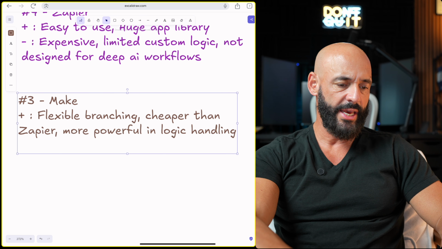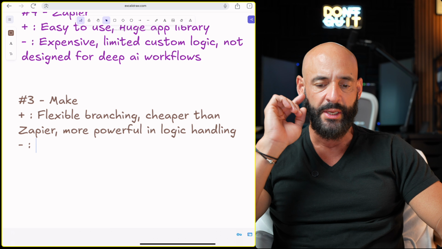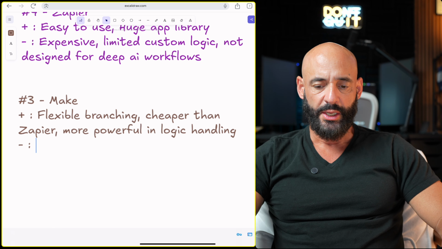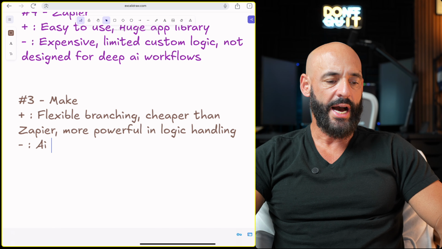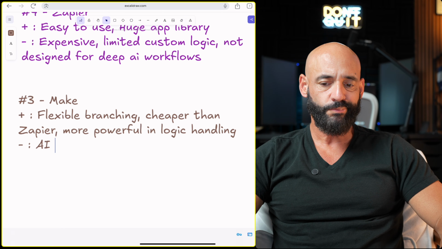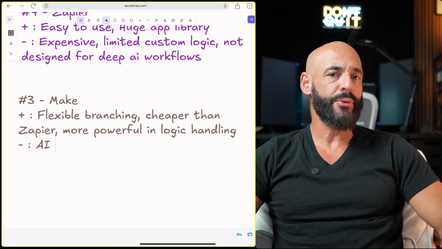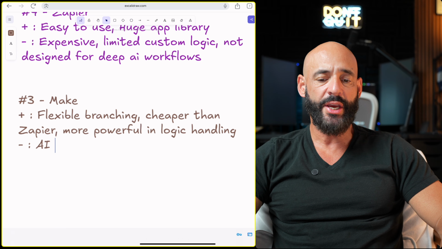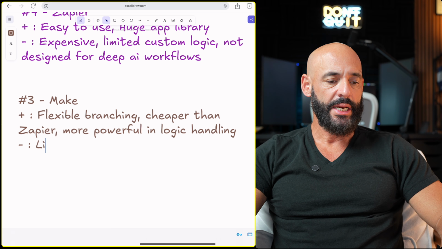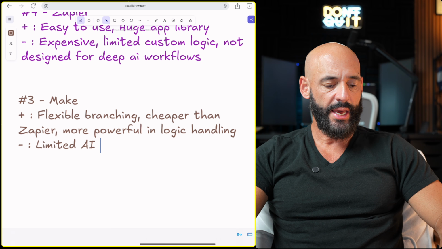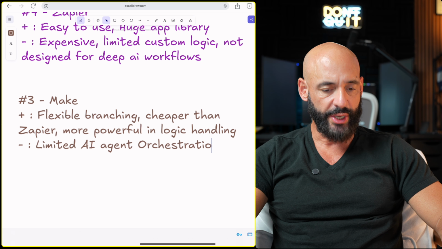What else? The minuses now. Okay, so the weaknesses of this tool. Unfortunately, until now, AI agent orchestration is very limited. So let me leave it like this: limited AI agent orchestration.